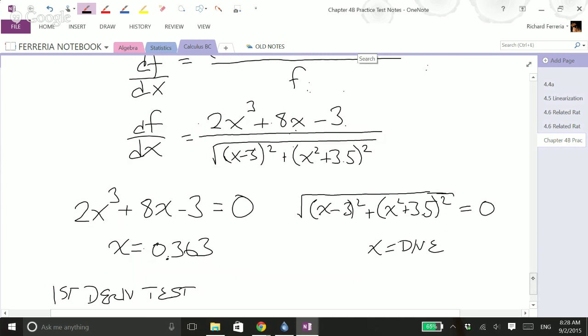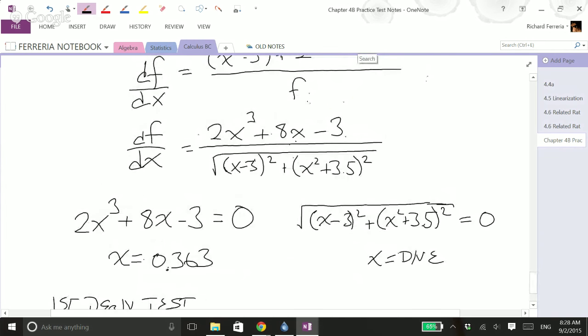Some number between 0.363 and infinity. Yeah, 1 would work, but I think you'll have a better idea if you put in 100. 2 times 100 cubed plus 800 minus 3. Is that positive or negative? Positive. Yeah, no math required if you put in a ridiculous large number here, okay?